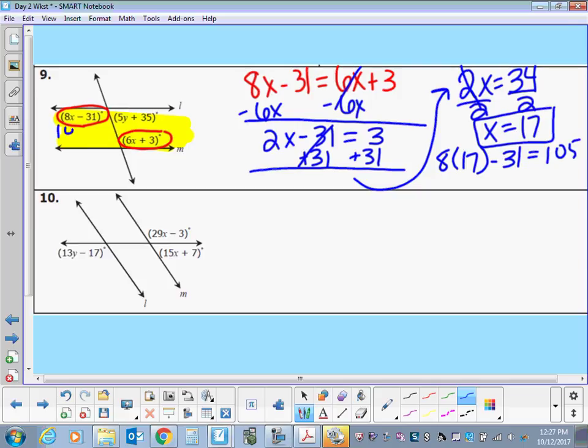So this equals 105. If that's 105, what does this angle over here equal? 75. How do we know it's 75 degrees? Because they're linear pairs. You're not done though. You have to find what the y is.